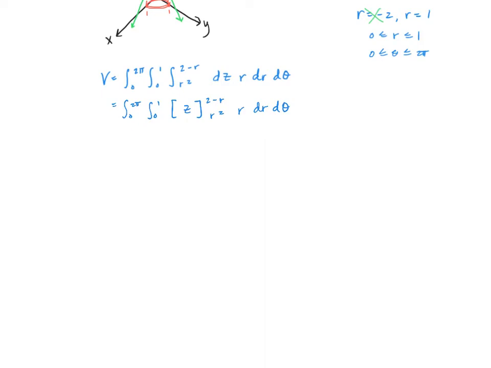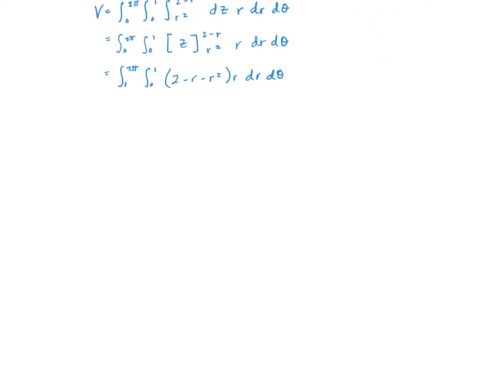Alright, so if I put in 2 minus r minus r squared, then my integrand is going to be 2 minus r minus r squared, but I still have this r on the outside that I need to distribute through. So the volume, outer integral, inner integral, this becomes 2r minus r squared minus r to the third. And now I'm going to integrate with respect to r.